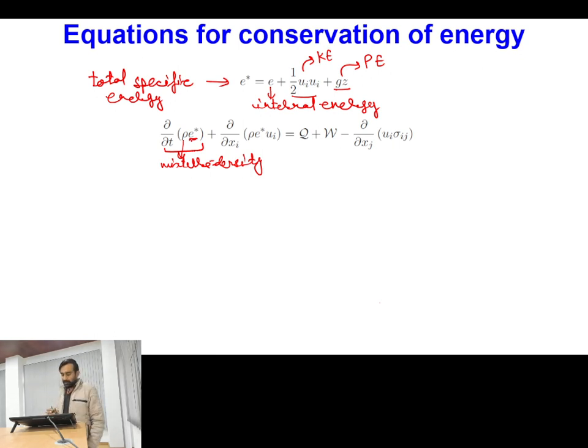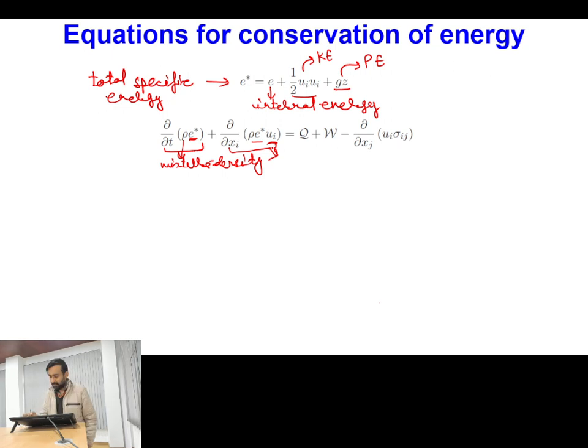Then del by del xi of rho E star ui. What is this? This is the convective term to account for the energy interaction carried by the moving streams.